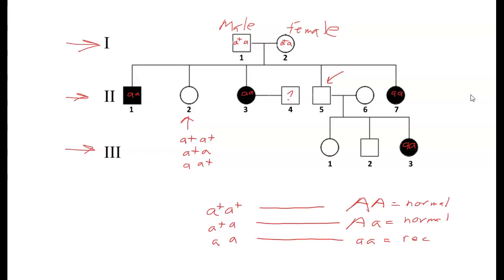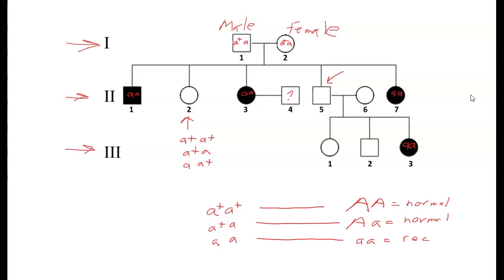But we actually do know, because we can look at the child. These two people right here had 3 of these kids, 2 of which we're not sure what their genotypes are, but 1 of which we are. This child right here tells us exactly what the genotypes of both of these people are.